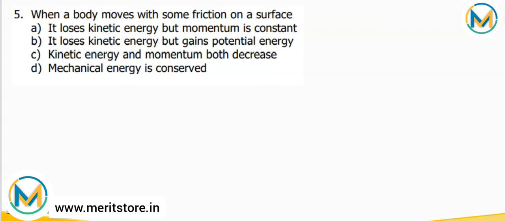It decreases momentum and kinetic energy both. So with friction, kinetic energy will decrease as well as momentum. Looking at the options, the correct one is option C, that is kinetic energy and momentum both will decrease. So the correct answer among the given options is option C.